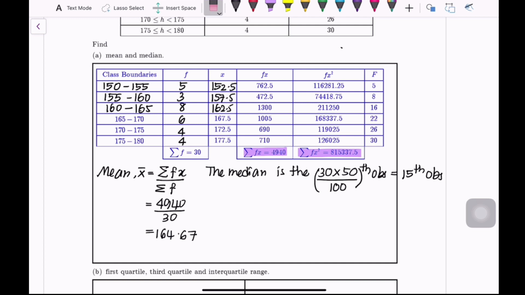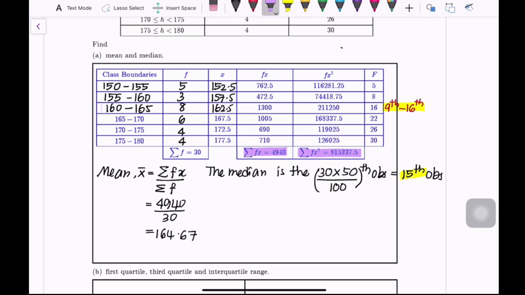From the cumulative frequency, we determine the 15th observation. This is a position of 9th to 16th observation, so the 15th observation is located here.